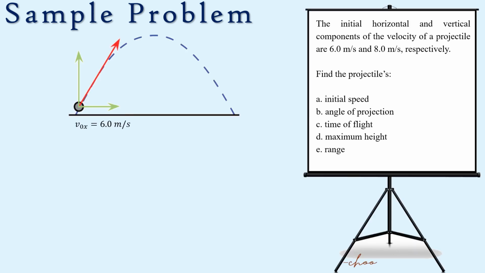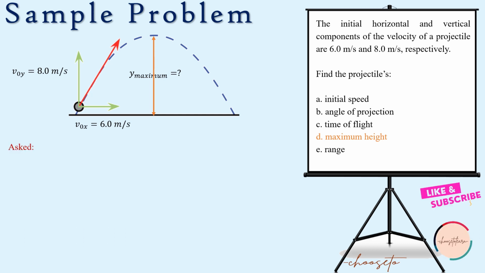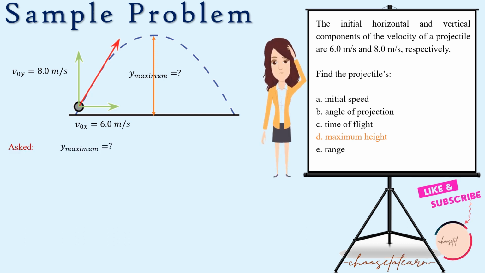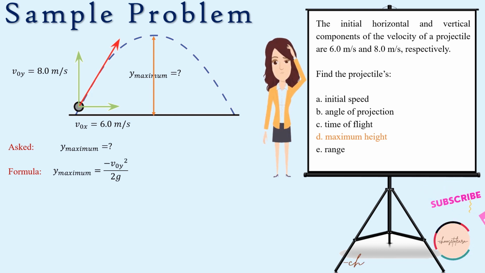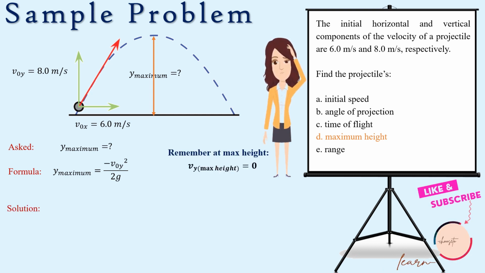We are asked to find the maximum height. So that's Y maximum, or y at the maximum. Therefore, the formula that we're going to use is y maximum equals negative initial vertical velocity squared divided by 2g. Just substitute the given to the formula.